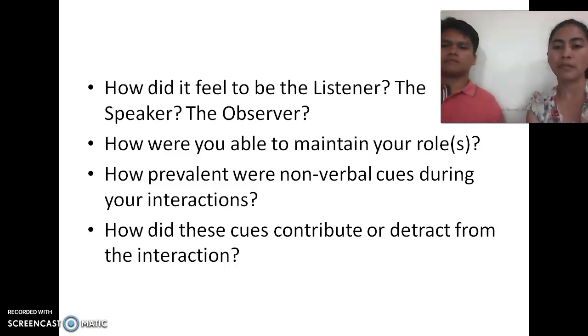Because if there are no nonverbal cues, no nodding, no facial expressions, you will not understand how you are doing with your speaking part, your delivery. So that's how important nonverbal cues are during interactions.